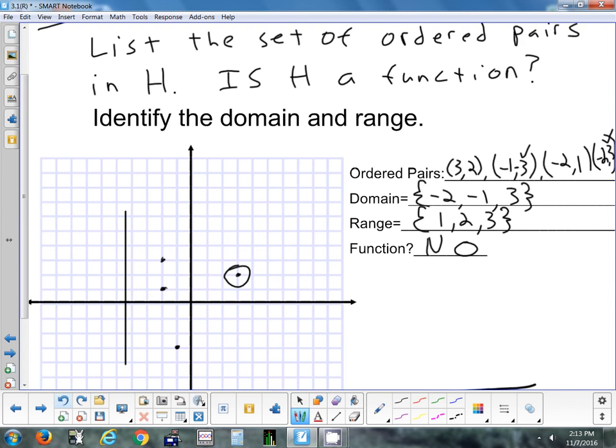I've got the 2, I've got the 3, I've got the 1. I didn't have -3. So this is an example where you have more numbers in the range than the domain. That can happen sometimes. Any questions on that?